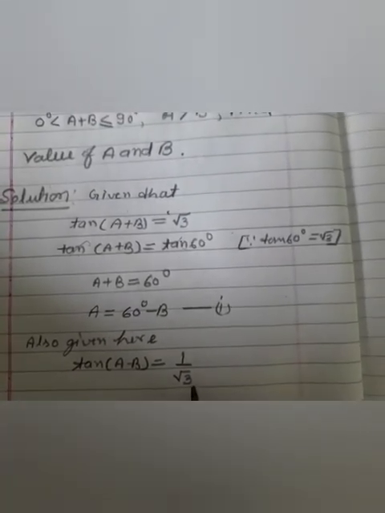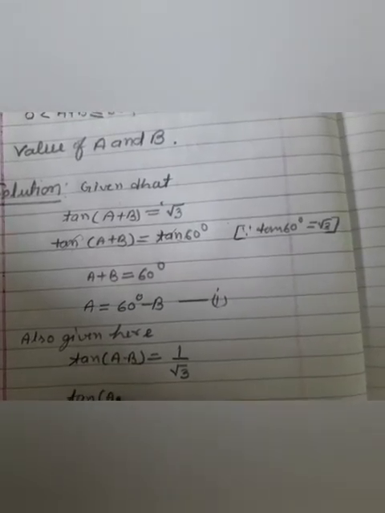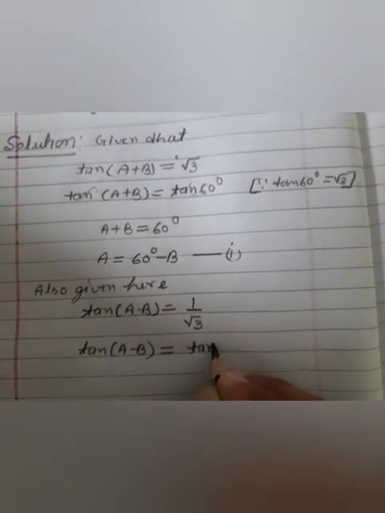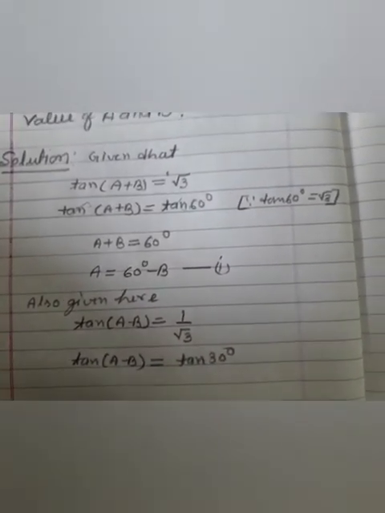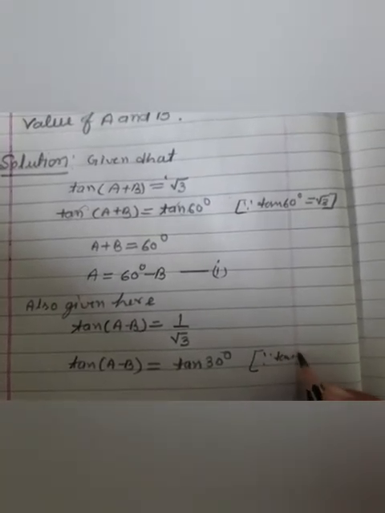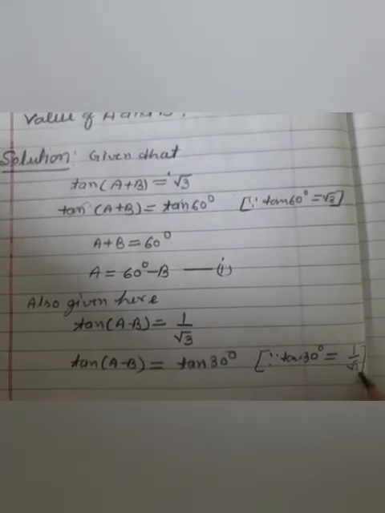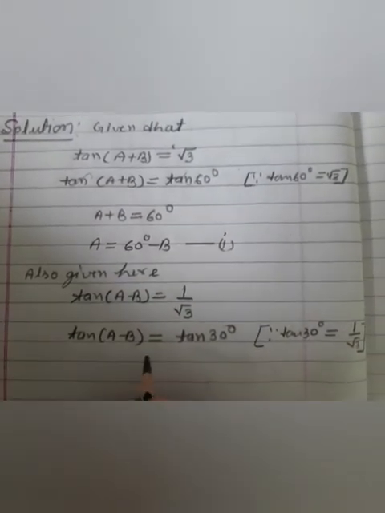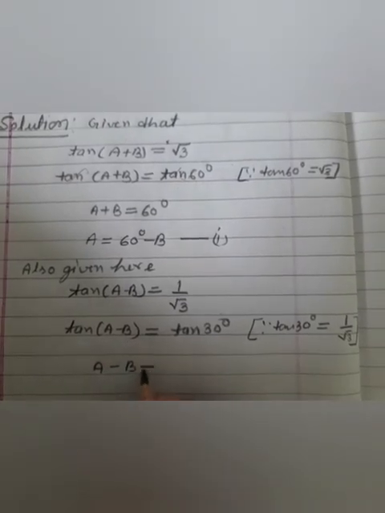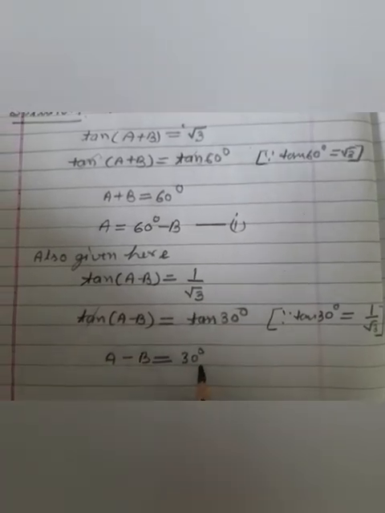So this one is right now, tan A minus B is equal to tan 30 degree. Clear? Where tan 30 degree is equal to 1 upon under root 3. This one is clear. So this one is right. A minus B is equal to 30 degree. A minus B is equal to 30 degree.